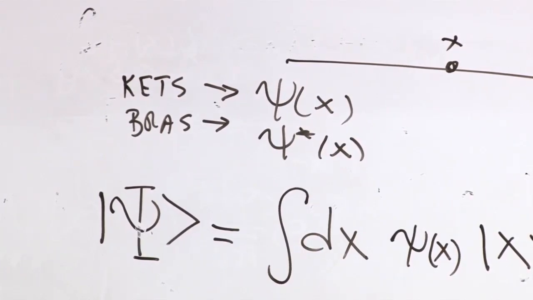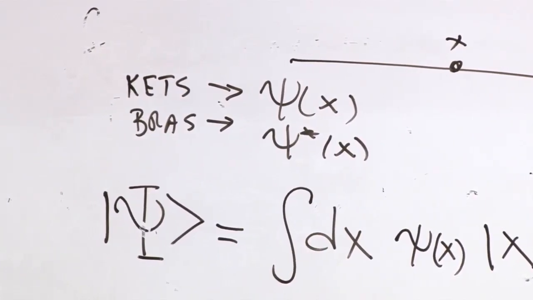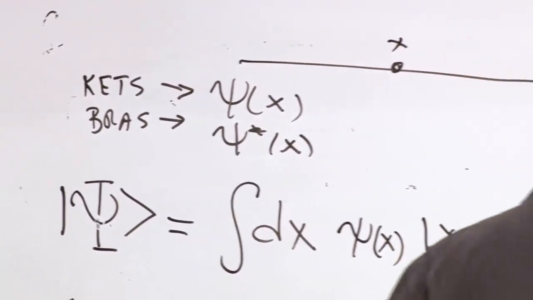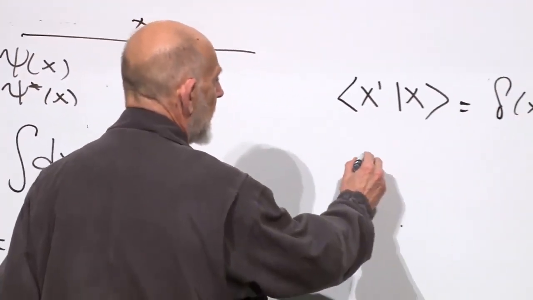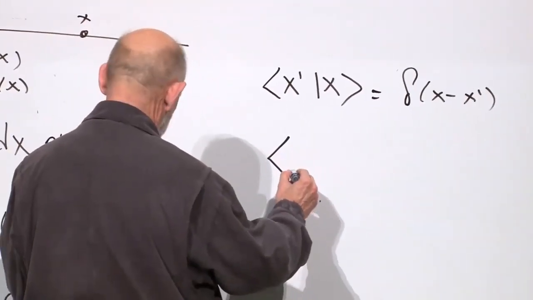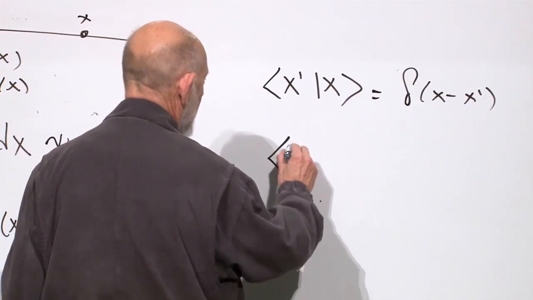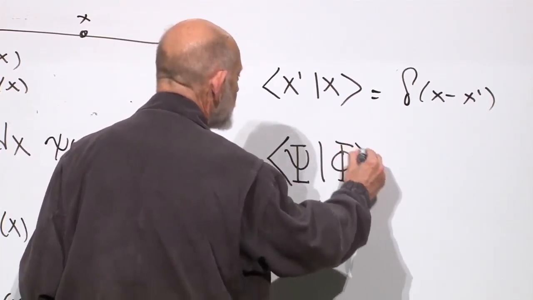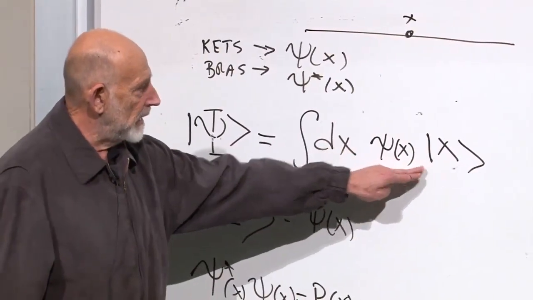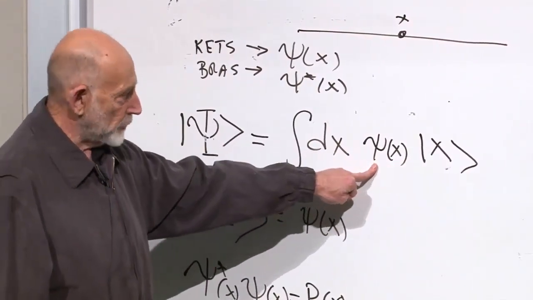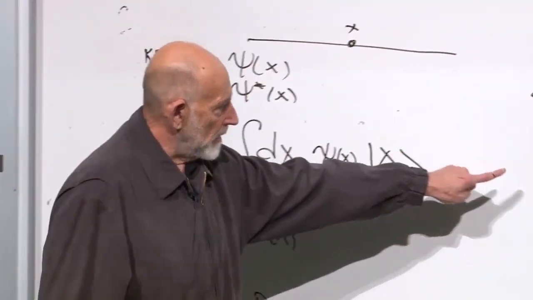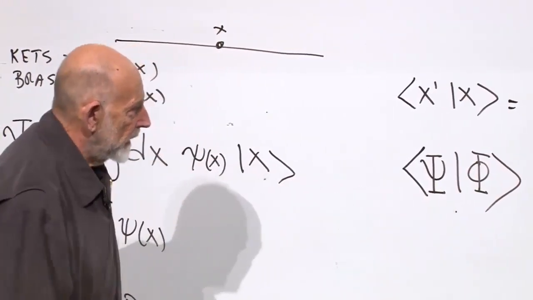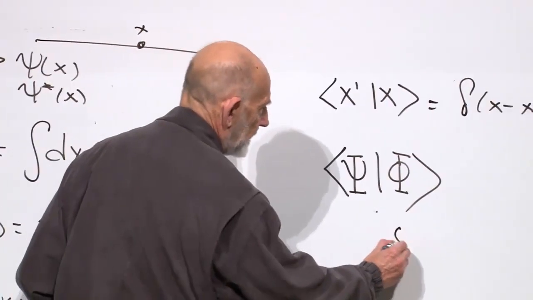Finally, the inner product, not between x and x prime, but between two arbitrary states, let's call them psi and phi, each one of which can be expanded by use of a wave function. Phi is described by a wave function phi of x.